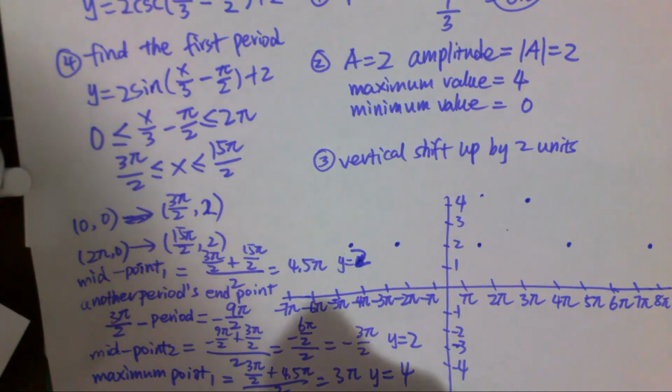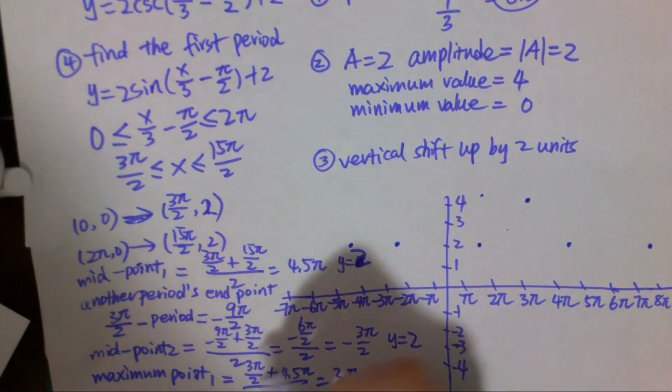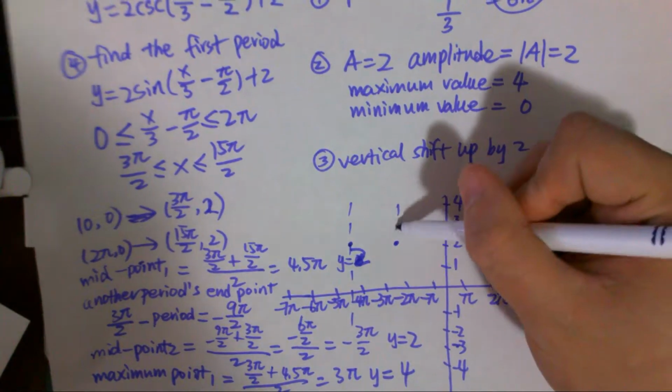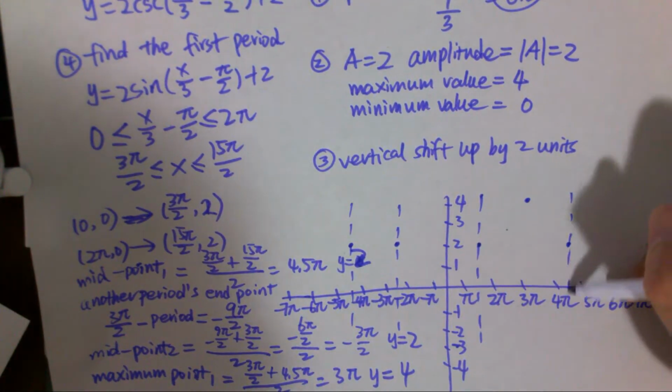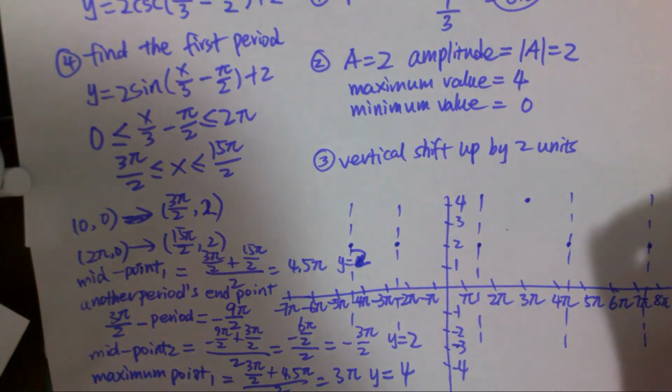I'm going to push the paper up so we can show that. What I'm doing now is trying to get the minimum point, once I have the maximum point. At the same time, all these dots that fall onto y equal to 2, or y equal to 0 if there's no vertical shift, the x values are the asymptotes for our cosecant function graph.